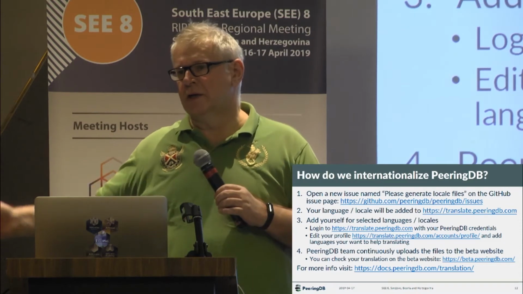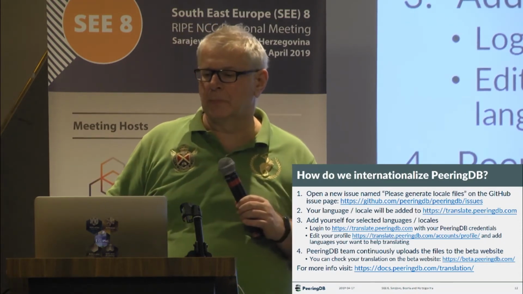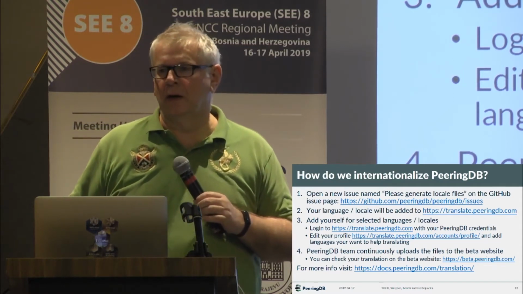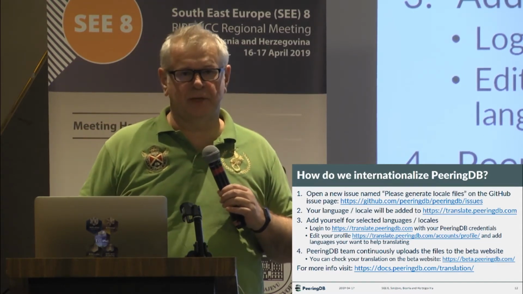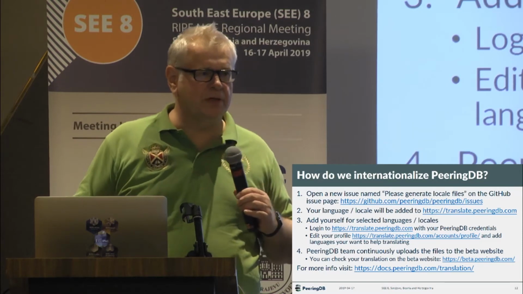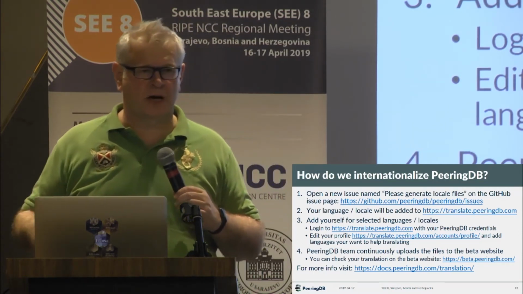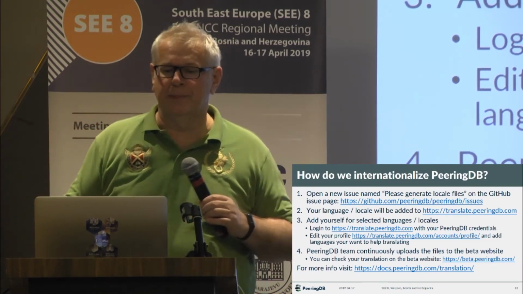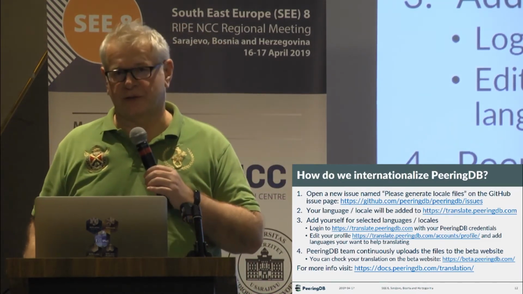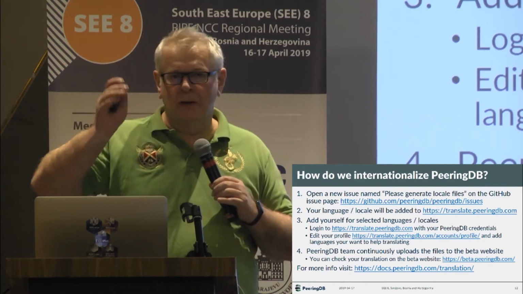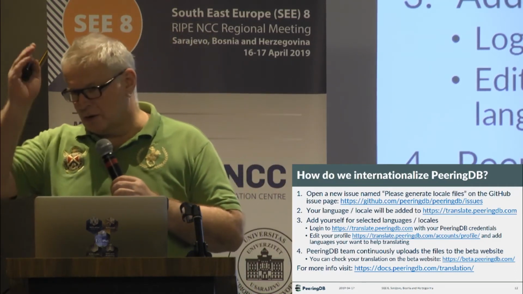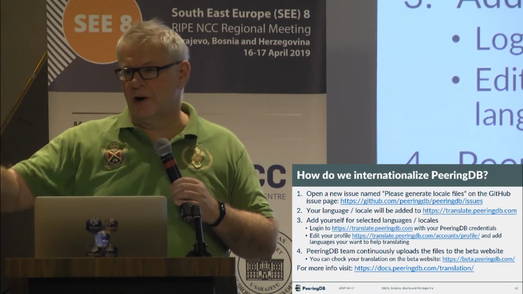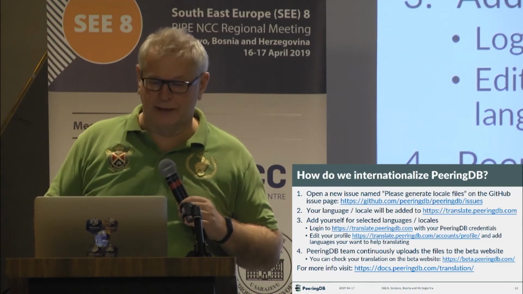We will then check out the strings into translate.peeringdb.com, and it's easy to access because you only have to have a PeeringDB account, and with single sign-on to PeeringDB, you will also have access to the translate server. Then you go to your preferences, say, okay, I want to help on this language, and then you are in the team for translating the PeeringDB software.